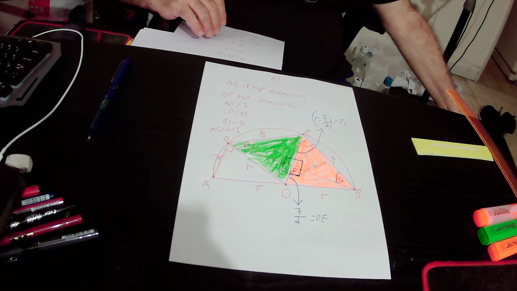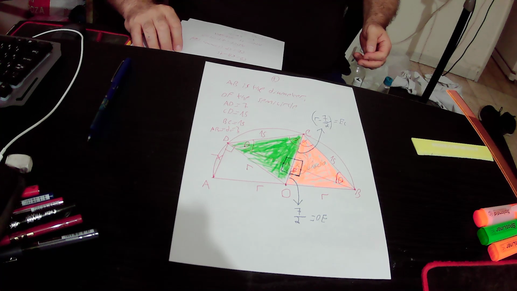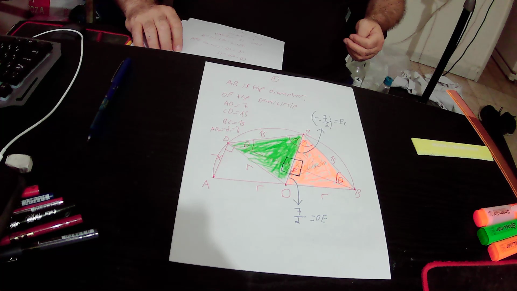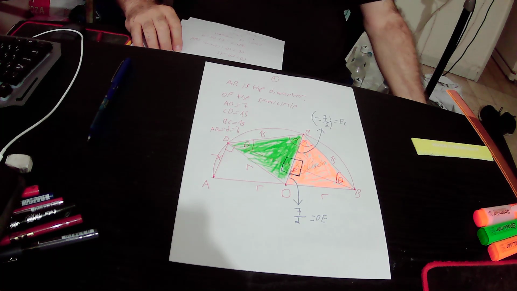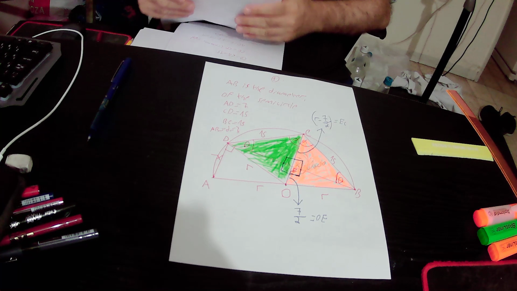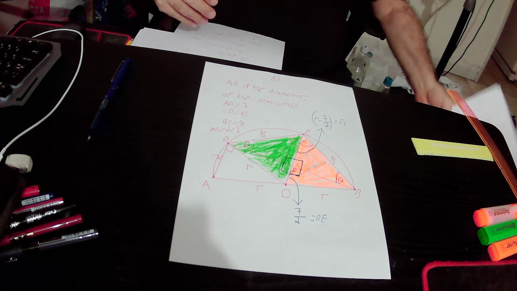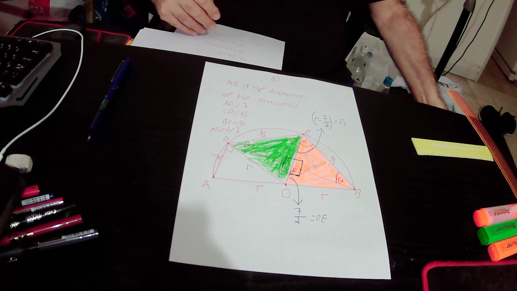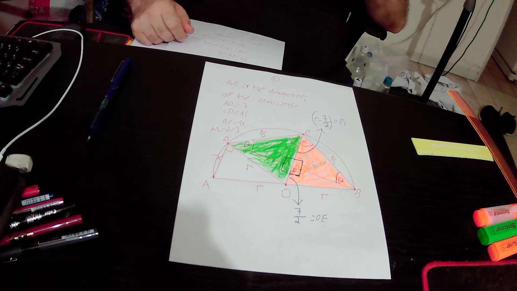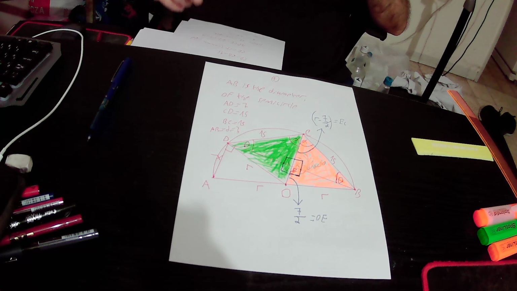If you prove that two sides and the included angle of one triangle are equal to two sides and the included angle of the other triangle, then you actually proved that those two triangles are congruent to each other.